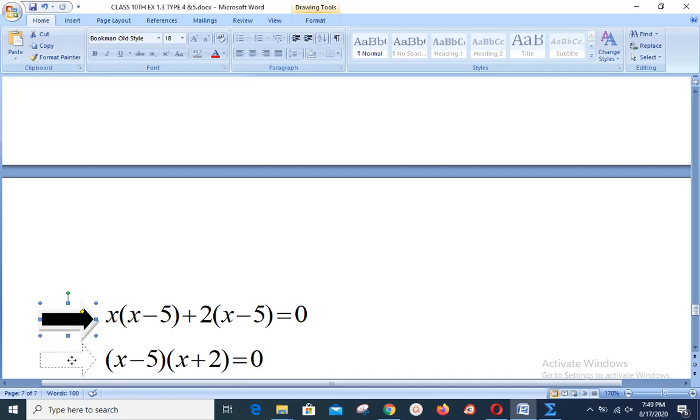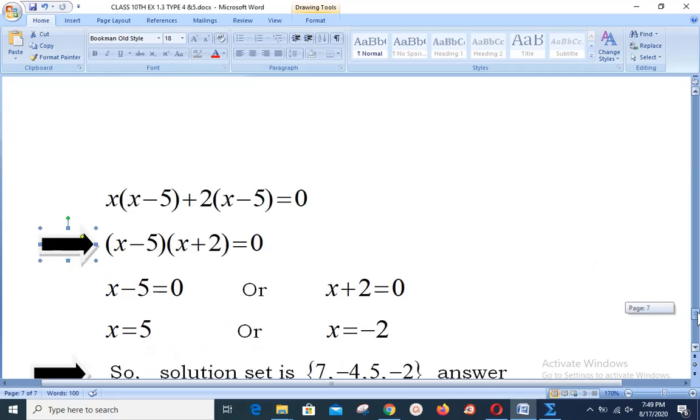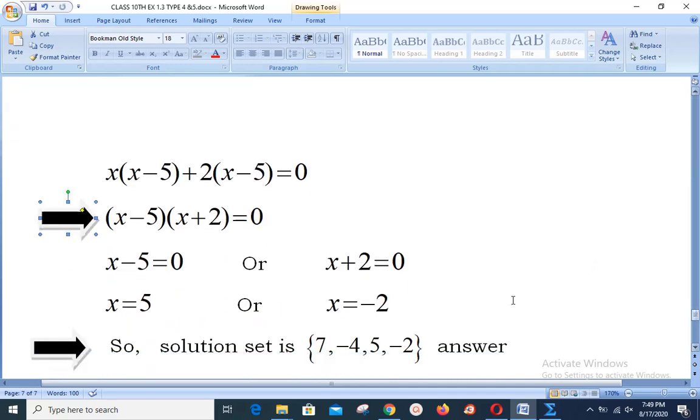Now common among both is x minus 5, so we have x minus 5 into x plus 2 is equal to 0. Now we have x minus 5 is equal to 0 or x plus 2 is equal to 0. The first one gives us x is equal to 5, whereas the second one gives us x is equal to minus 2.